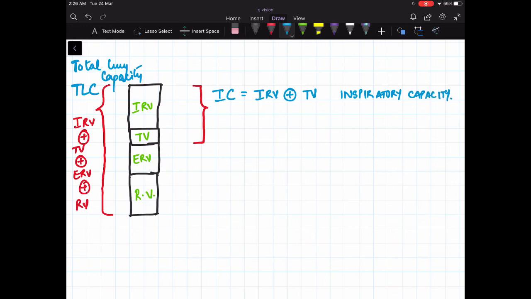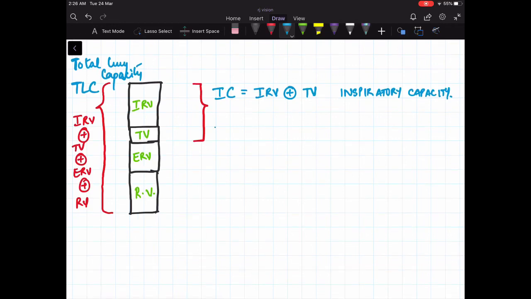Then, what if I ask you, what is the amount of air that you can expire after normal inspiration? The amount of air that you can totally expire after normal inspiration. What would that be? It will be this value, TV plus ERV. The amount of air that you can expire after normal inspiration, that is known as EC.